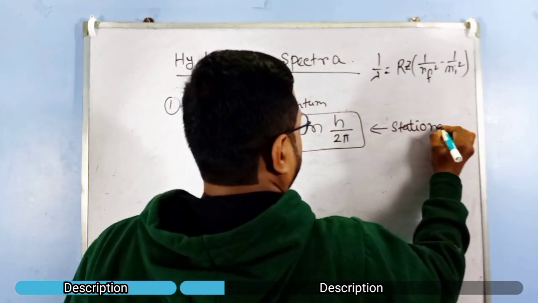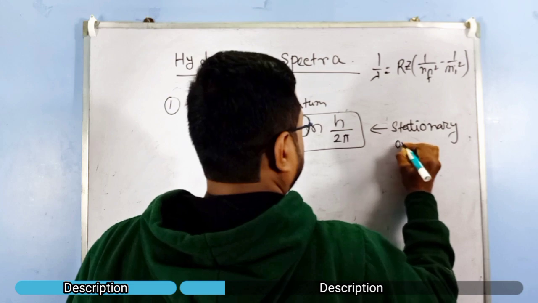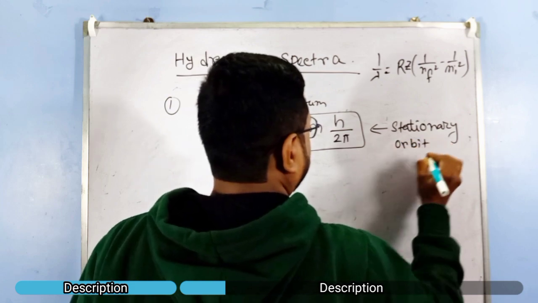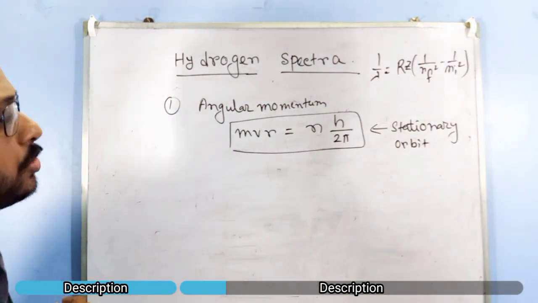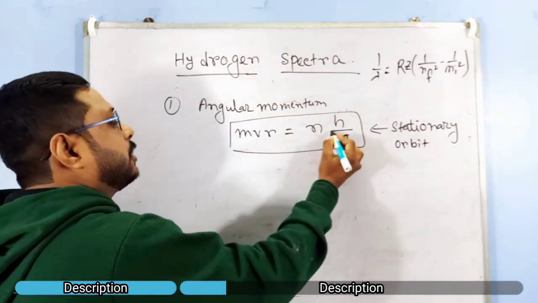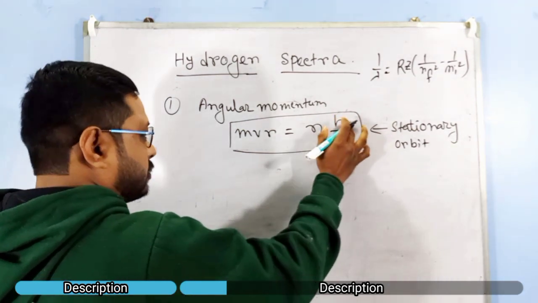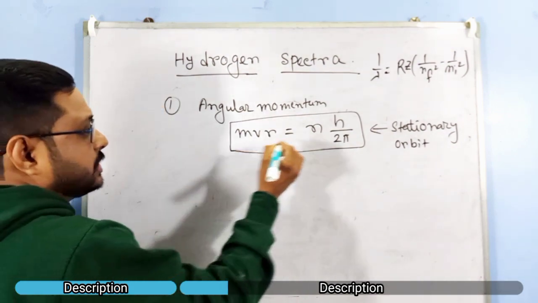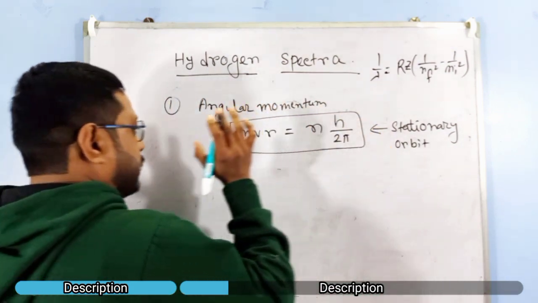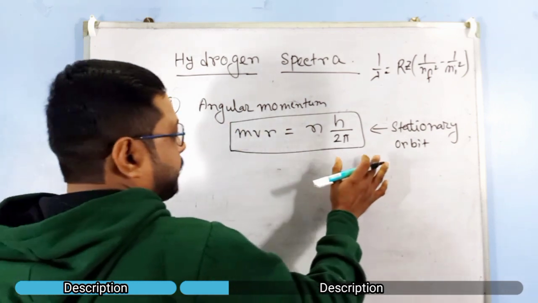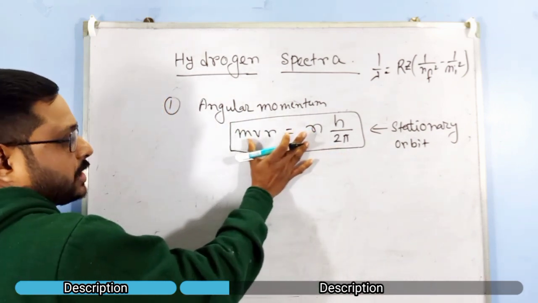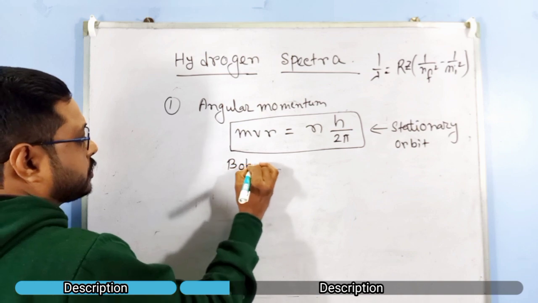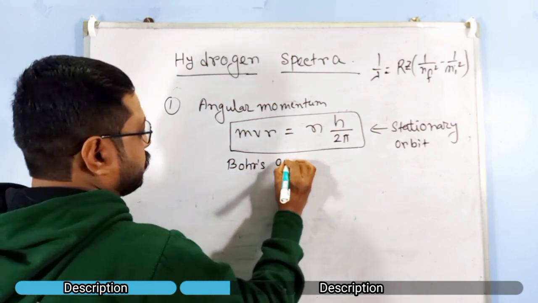That is, the angular momentum equals an integral multiple of h cross, where h cross means h by 2 pi. The orbit in which this rule is satisfied is called a stationary orbit, and this is Bohr's quantization rule.